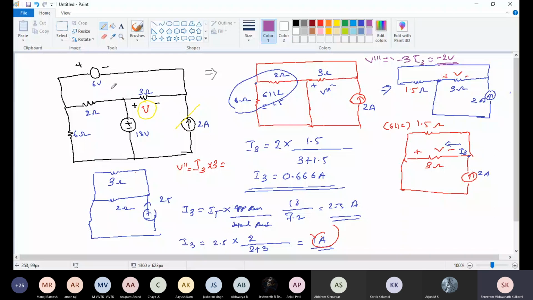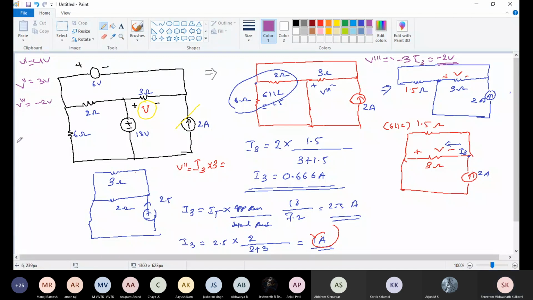The effect produced by considering only 6 volt is V dash, that is 4 volts. The effect considered by 18 volt is V double dash, that is 3 volt. The effect considering only the 2 ampere is V triple dash, that is minus 2 volt.